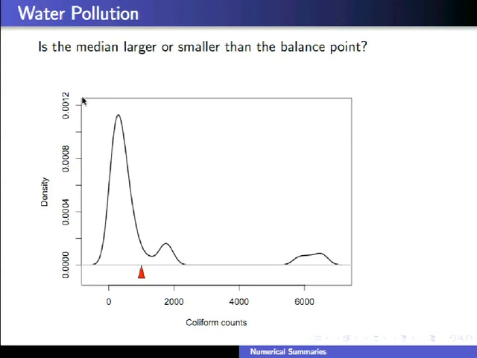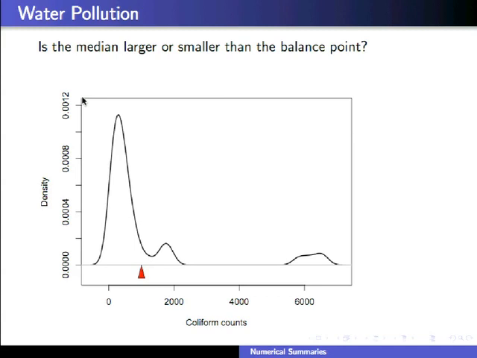If I go back to this, here's my question. In this particular case, where's the median? The median, remember, is where half of the values are below and half are above. Median is talking about the area under the density plot, because area corresponds to proportion or percentage. So what's the point where half of the area of this density curve is to the left and half is to the right? Is it going to be about 1,000?